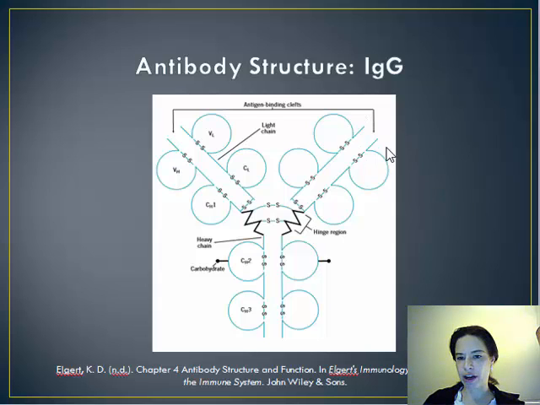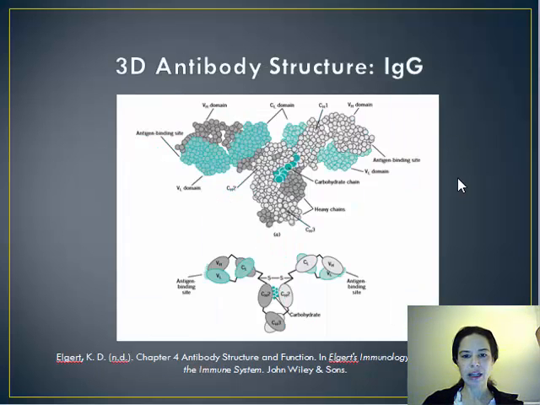These are important for specificity of our technique and in our detection. The 3D structure also shows what this Y-shaped IgG looks like. Again, at the tips we have our antigen binding sites, and when you have amino acid variations with your antibody, that confers specificity.